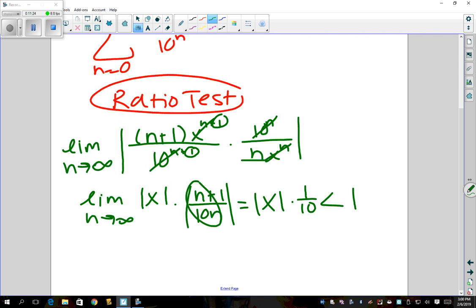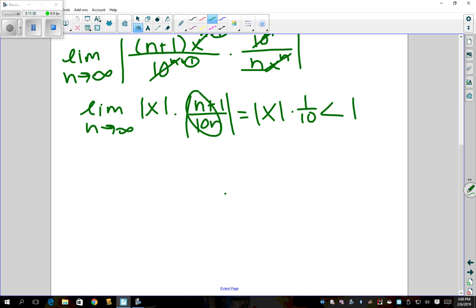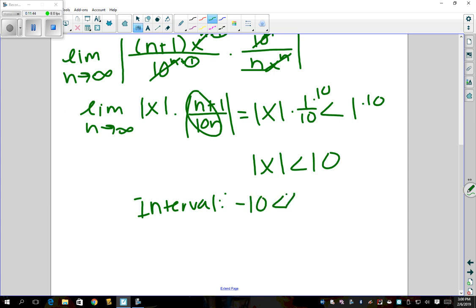And so in order to find the interval of convergence, I take this less than 1. So now I can multiply both sides by 10, so I get that the absolute value of x is less than 10, which means that my interval of convergence is from -10 to 10.